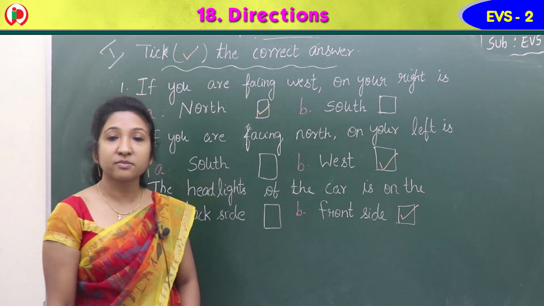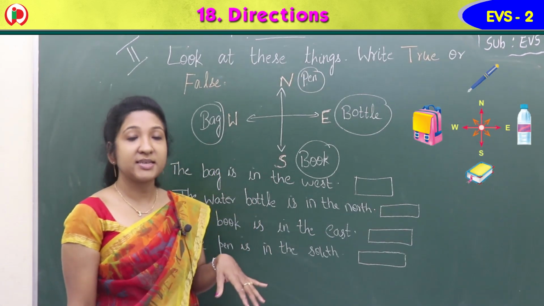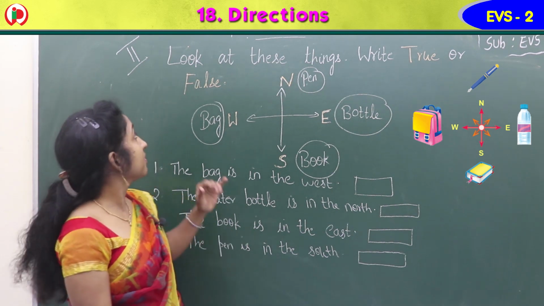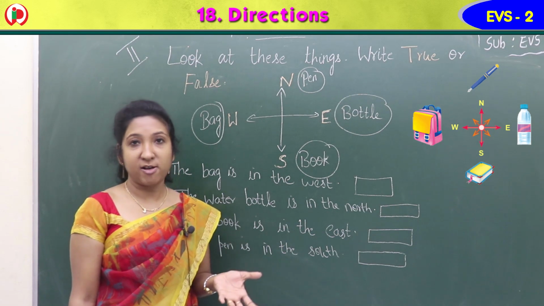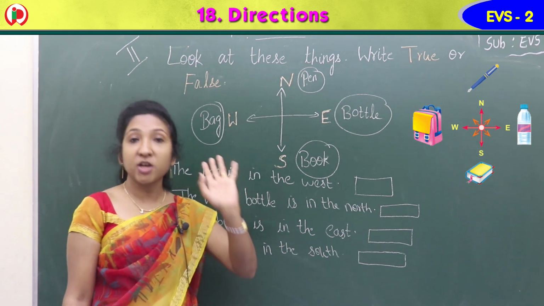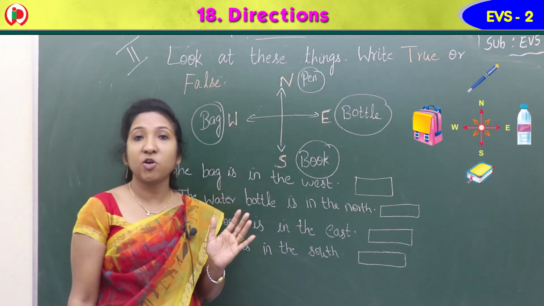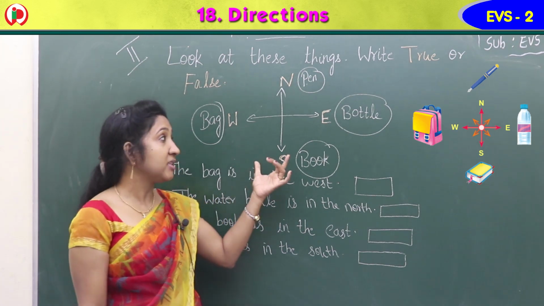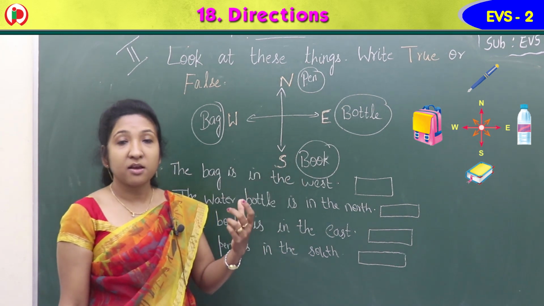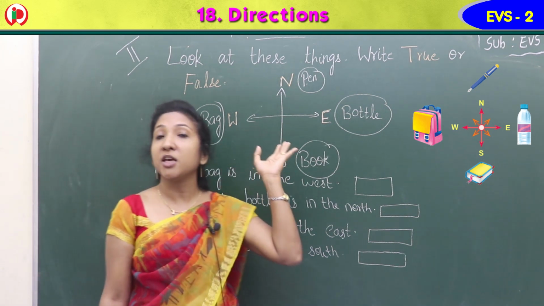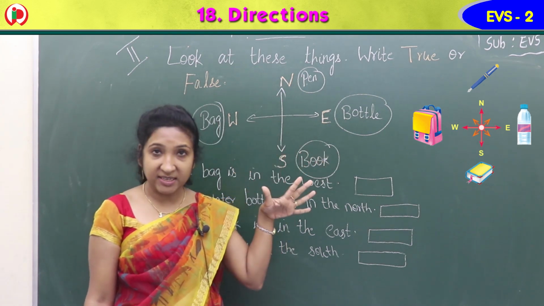Okay. Our next exercise in the workbook is exercise 2. Look at these things. Write true or false. In the workbook you can see an image, children, a picture showing directions, and in each direction you can see some images. You can see the picture showing north, south, east and west direction.